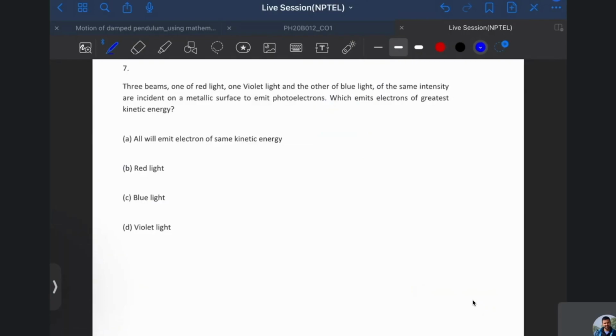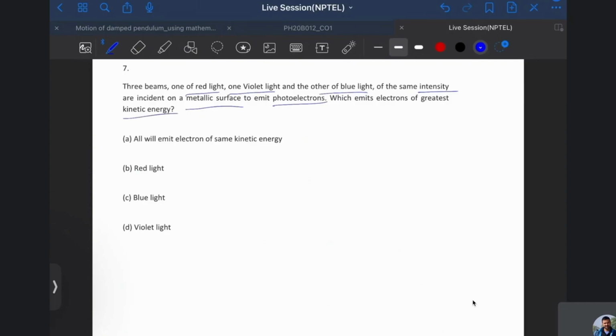Okay, next problem. Three beams, one of red light, one of violet light, another of blue light of the same intensity are incident on a metal surface to emit photoelectrons. Which emit electrons of greatest kinetic energy?